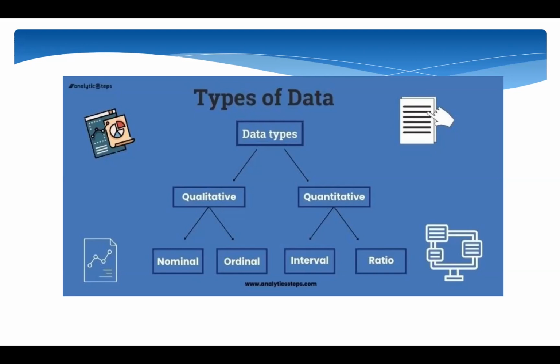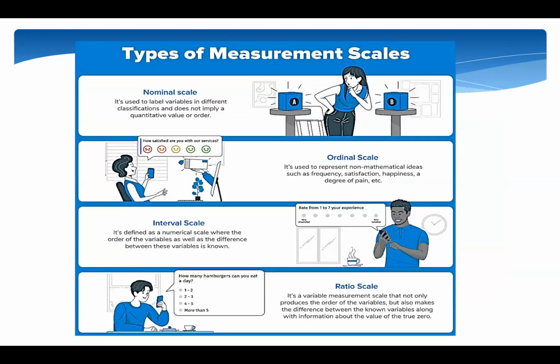Could you go to the next slide, please? Right. So we'll talk about the different scales of measurement. Those are the different types of data, and how we have measured the data is the measurement scales. If you see the first one, it says nominal scale.